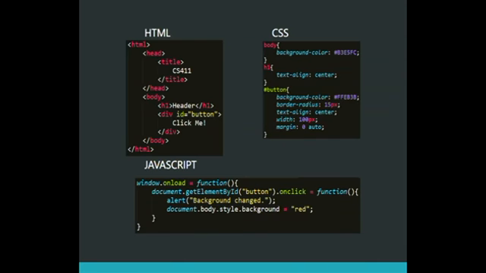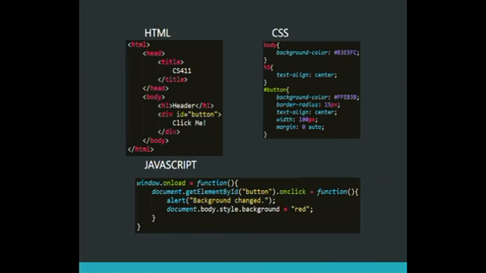Then the CSS code. It specifies the style of certain elements. The first one, the body, sets the background color to some sort of color. And the header, H1 here, corresponds to this H1 in the HTML, and it sets the text to the center of the screen. Then the button, this is sort of different.